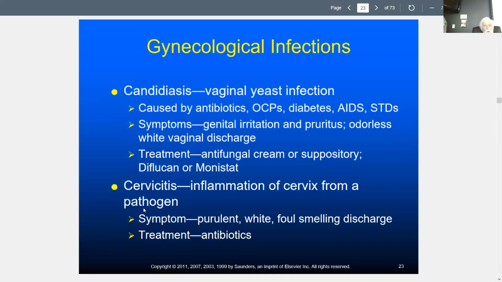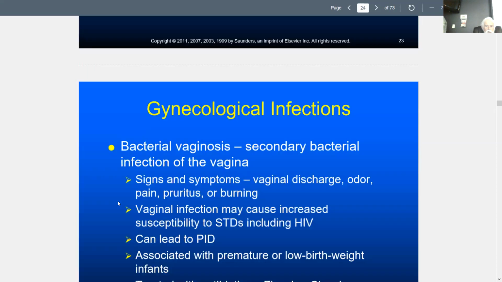We can also have infections. You all know about candidiasis. You can have inflammation of the cervix, cervicitis, from pathogens. There are lots of treatments. Candidiasis is a yeast, so we use foams, creams or suppositories. For cervical inflammation from a pathogen, we use antibiotics.